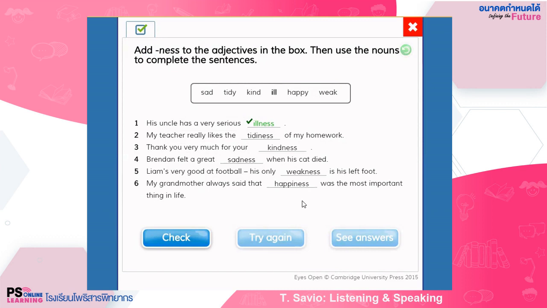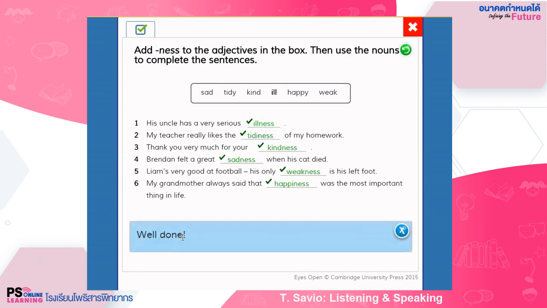Let's check our answers. Well done. Now let's take some time to read the sentences. Number 1. His uncle has a very serious illness. My teacher really likes the tidiness of my homework.